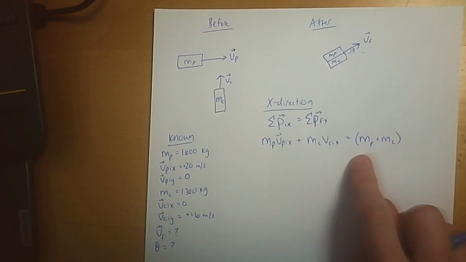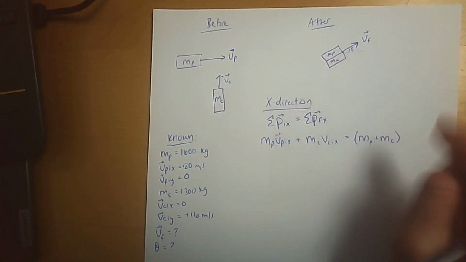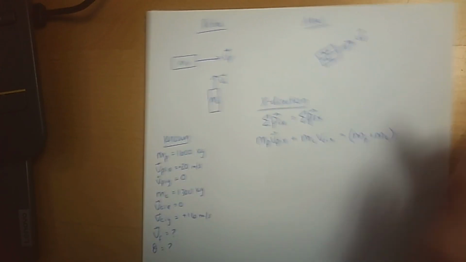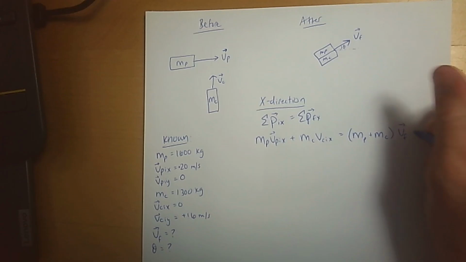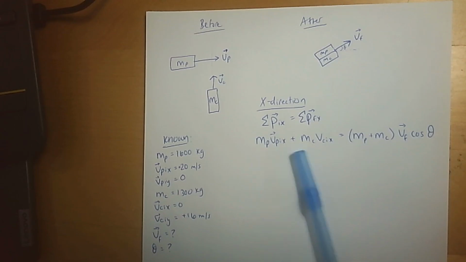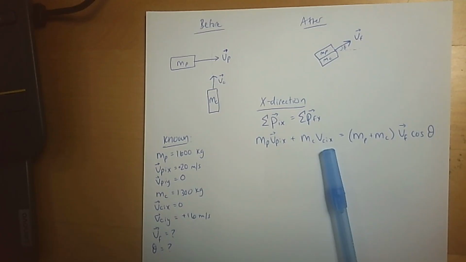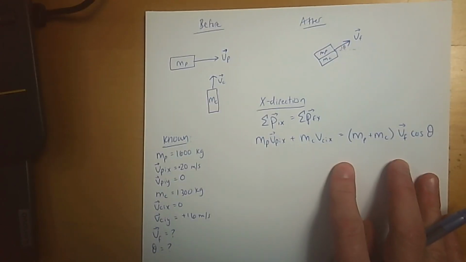We're adding the masses together first because they're going to be moving as one joined system. And we would multiply that by the final velocity times the cosine of angle theta. Now we can obviously plug in values, and one of these guys is 0. Yeah, this guy's 0. So we can get rid of that term in a moment, but this is what our equation would look like.